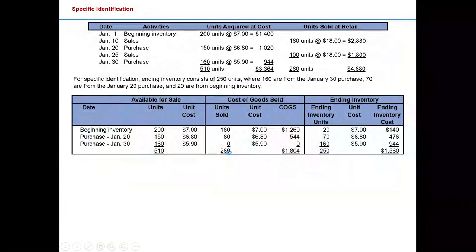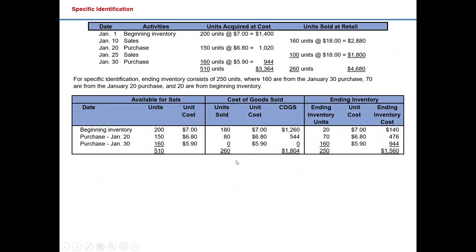So the prior video goes into detail. I'm just going to quickly do a review here. Specific identification, we had to be told either what units were in ending inventory or what specific units that we sold. For example, we were told that 20 of the beginning inventory units, 20 of those 200 units was in ending inventory. So therefore, we must have sold 180 of them at $7 each.